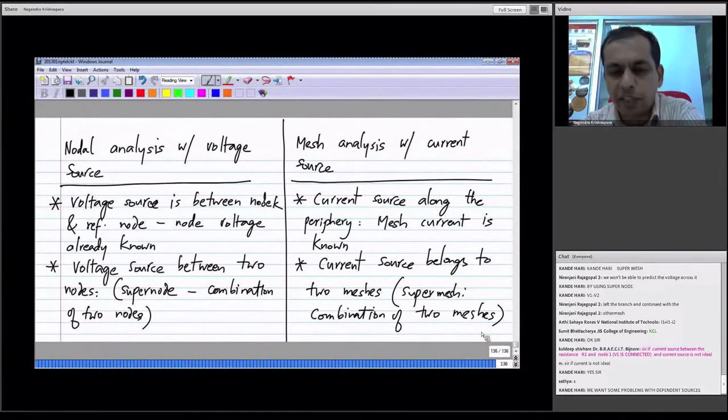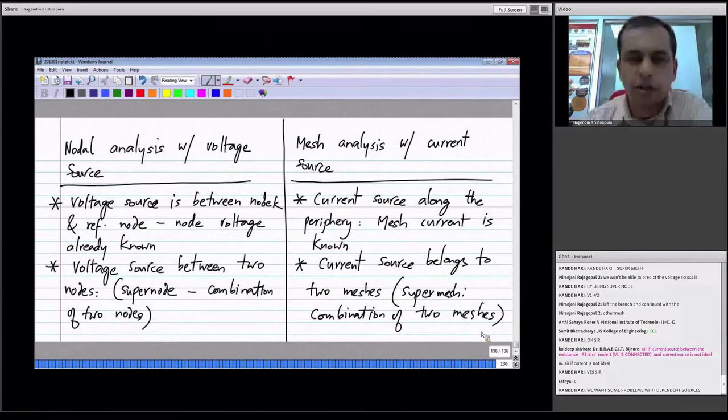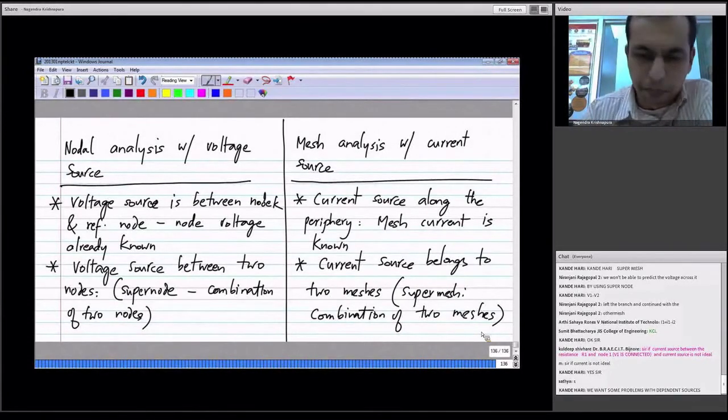Now, my question is, let's say you have a planar circuit. Which one will you choose? Will you choose nodal analysis or mesh analysis? I would like opinions of the participants.